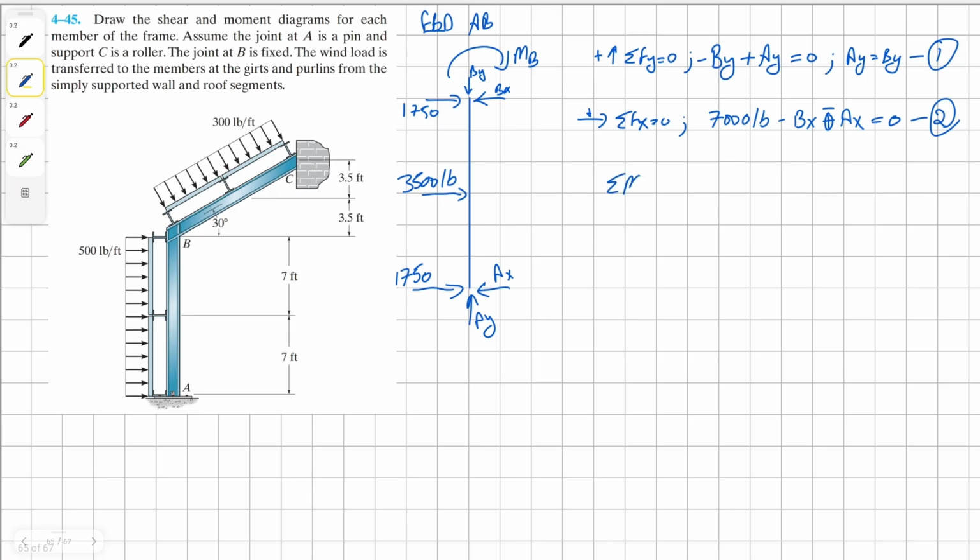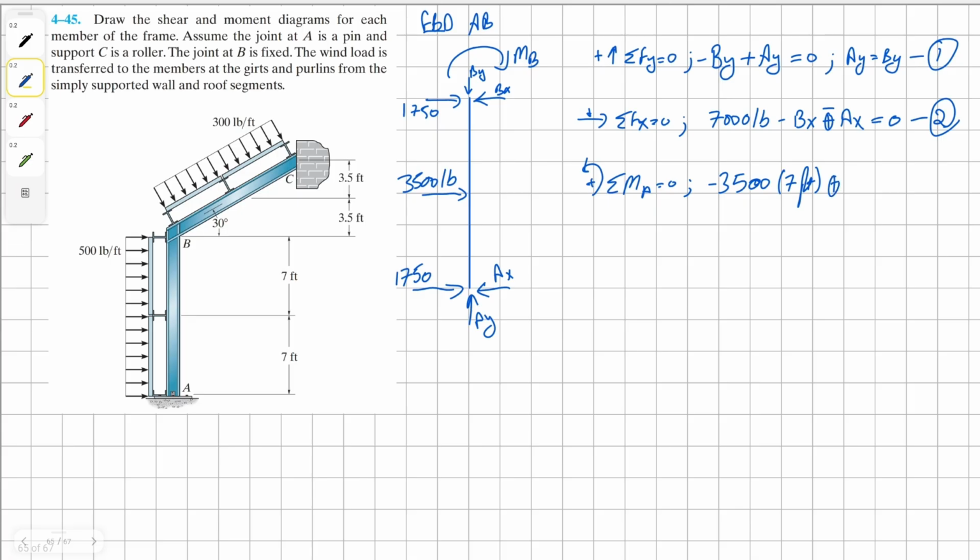Then going to take moment about the point A. I'm going to have 3,500 clockwise, 7 feet away.